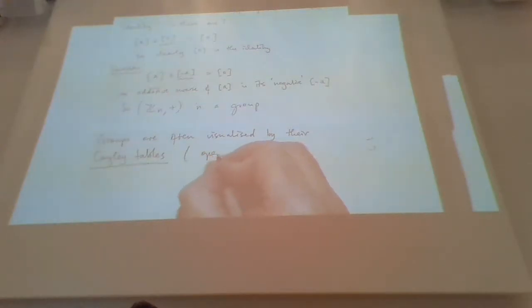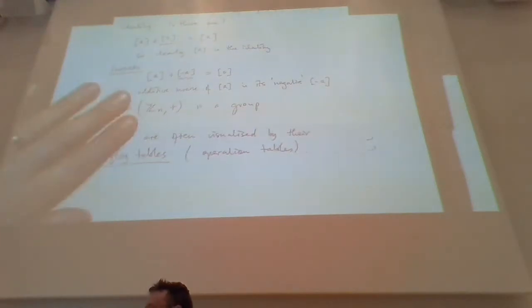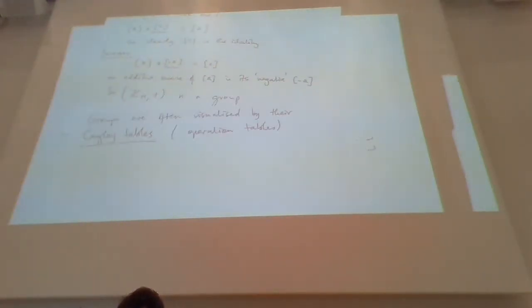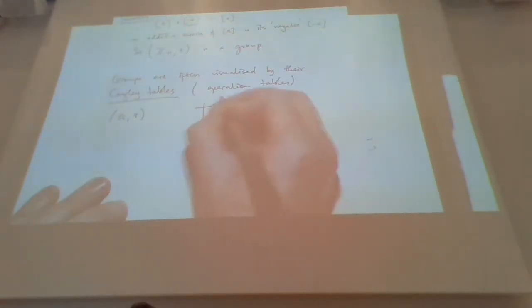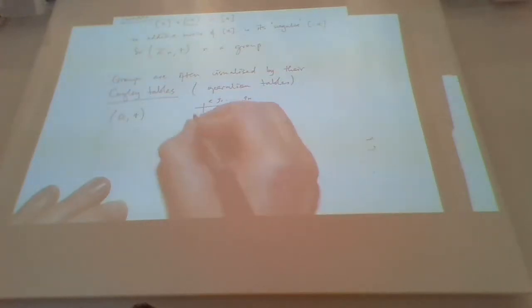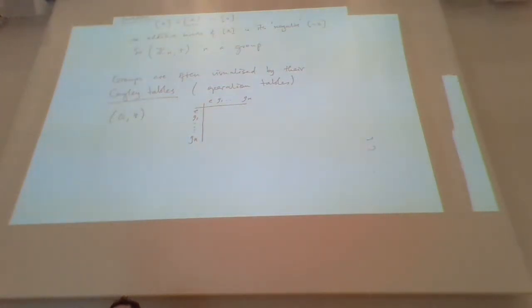Cayley tables, named after Cayley, are their operation tables. I think we looked at some of these last year. It's fundamental: the operation table for a system. In general, if you have your group with the operation star, you list the elements of the group along the top as column headings, and down the side as row headings.